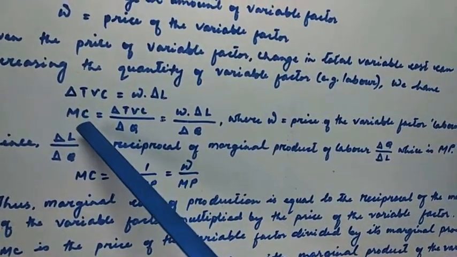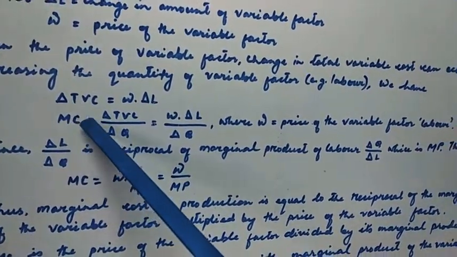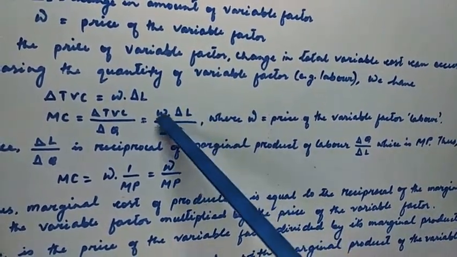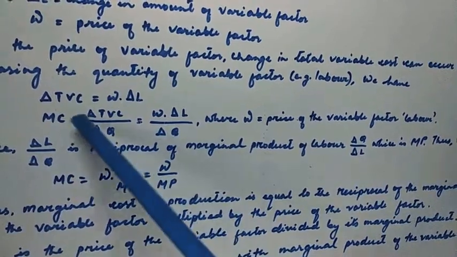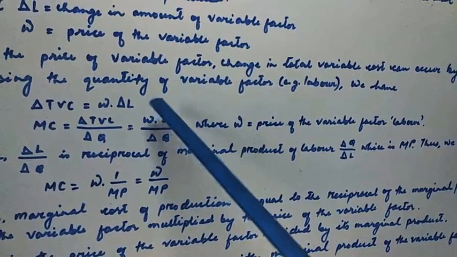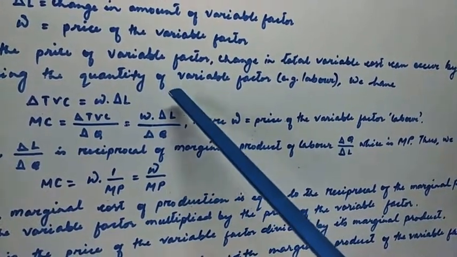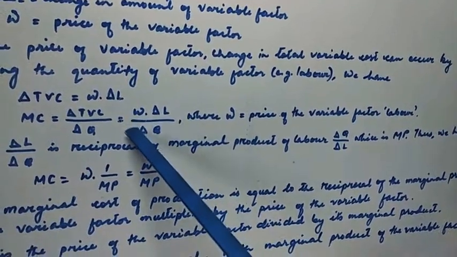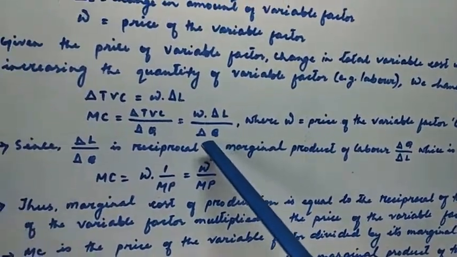So marginal cost equals small w into delta L divided by delta Q. That is, marginal cost equals the price paid for the variable factor times the change in variable factor employed, that is labor, divided by the change in the level of output.